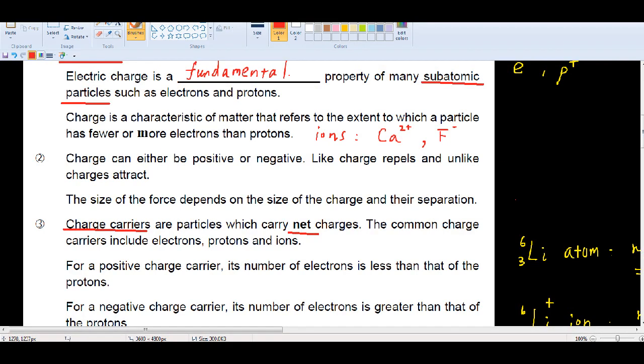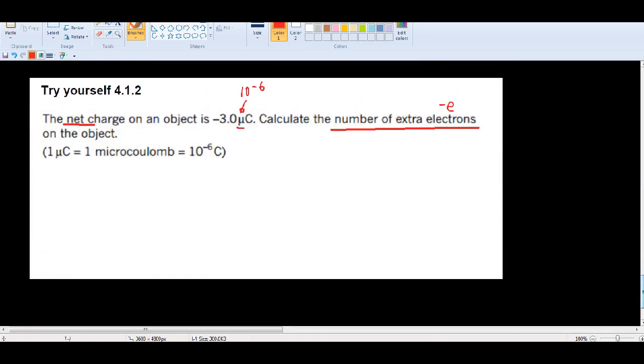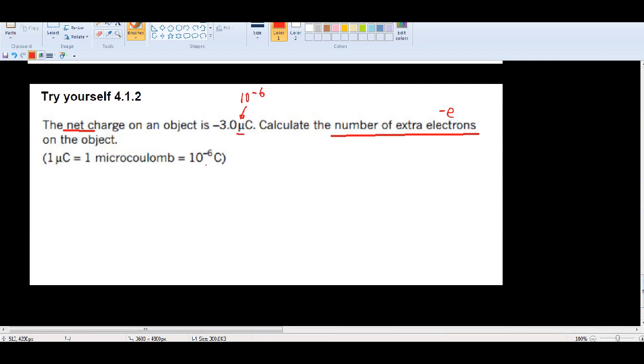So if you got minus, that means you got more electrons than protons. That's why if you got minus, you got extra electrons in comparison to the number of protons in the nucleus. Alright, so let's do it.